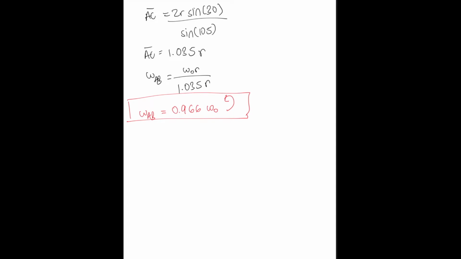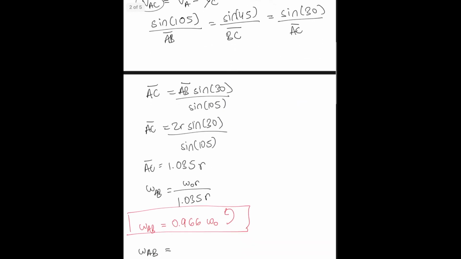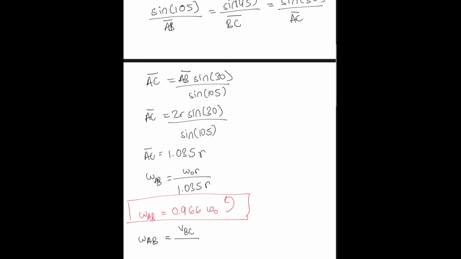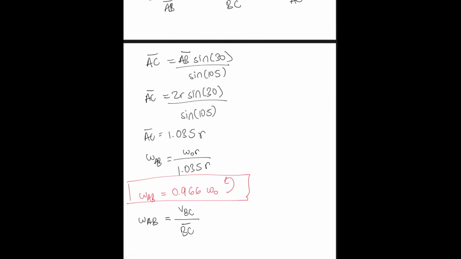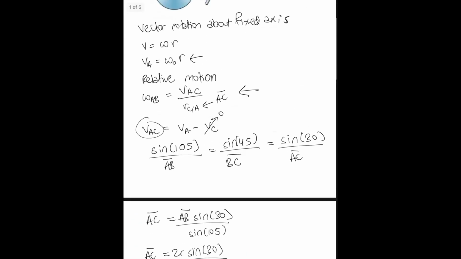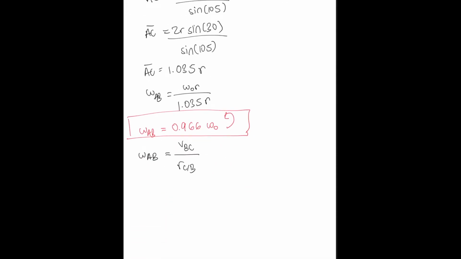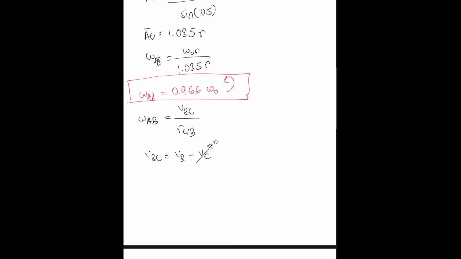Now we want to find VB, the velocity of collar B. So omega AB is also equal to VBC over RCB. And from our relative motion equations, we know that VBC is going to be equal to VB minus VC, where VC is 0 again. So it's just going to be equal to VB.